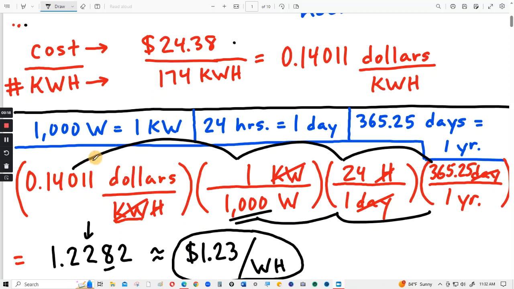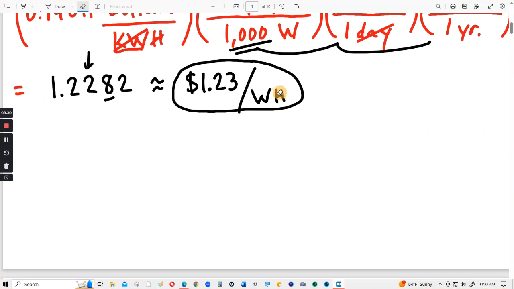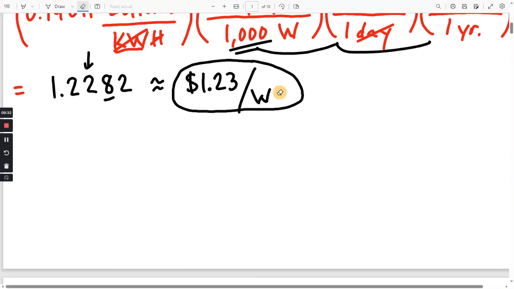And then you would just multiply numerators, hit equals, and divide by parentheses, multiply the denominators, close parentheses, and hit equals. One small mistake, this is not hours right here. This is supposed to be watt years. Okay, so that's $1.23 for each watt over a period of 1 year.